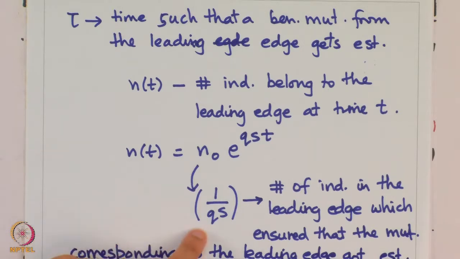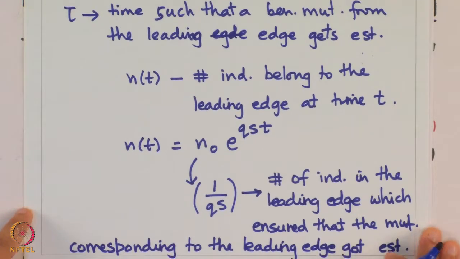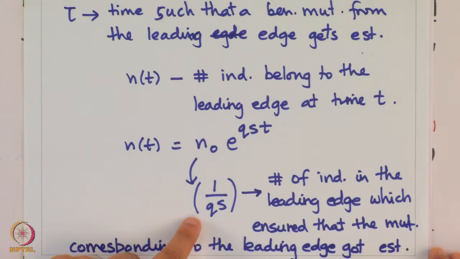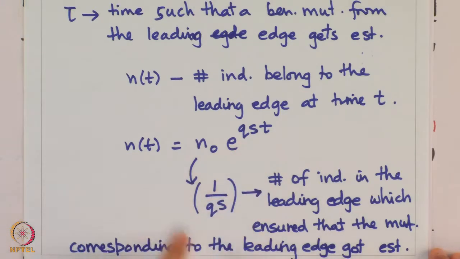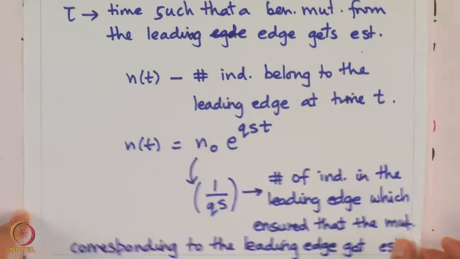So, this is the starting number of individuals that we have for this particular genotype. And because its relative advantage over the mean fitness of the culture is Qs, that is the rate that it is going to grow at.